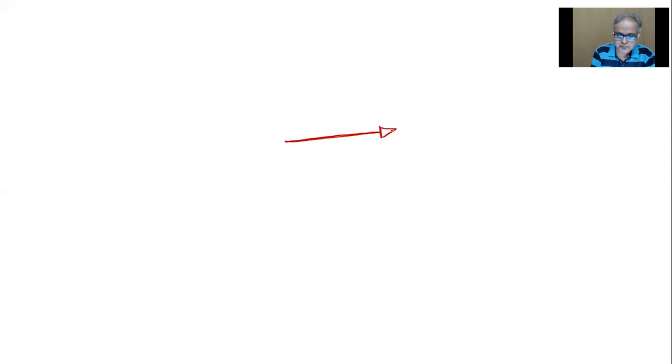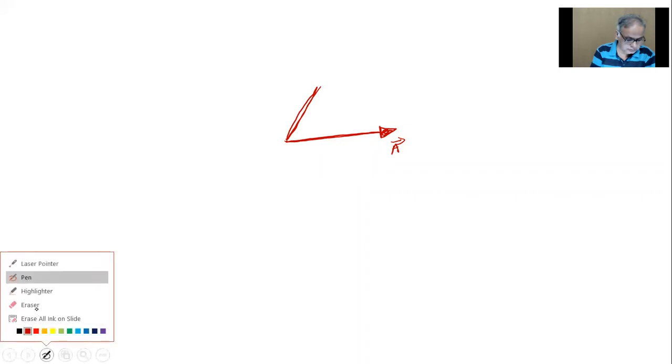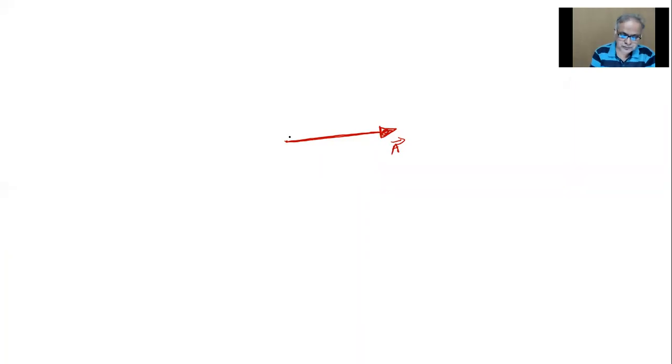Right. Now, look, this is my vector A. This is my vector B. Now construct a plane containing A and B. Do you follow?